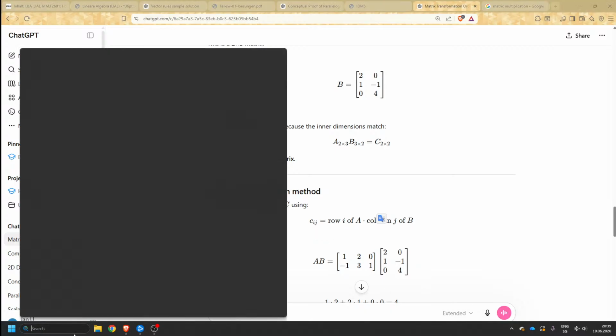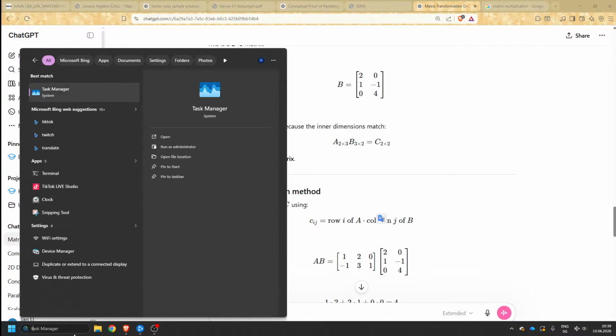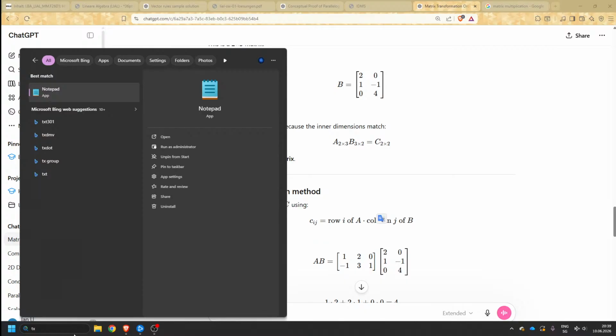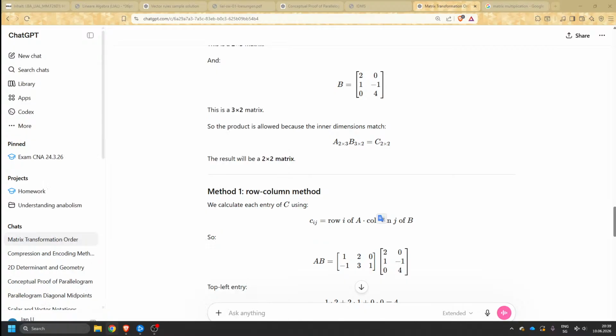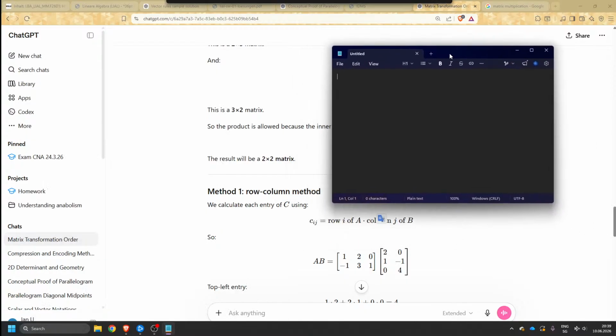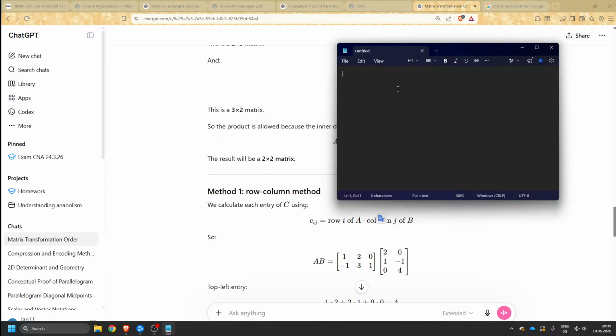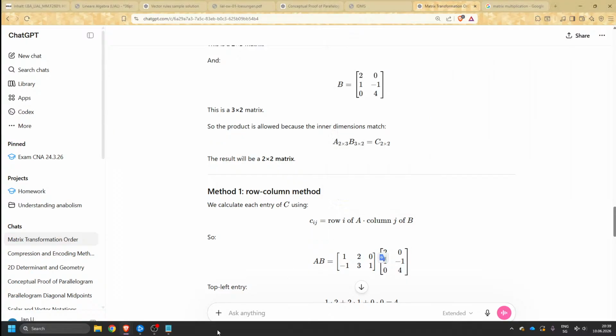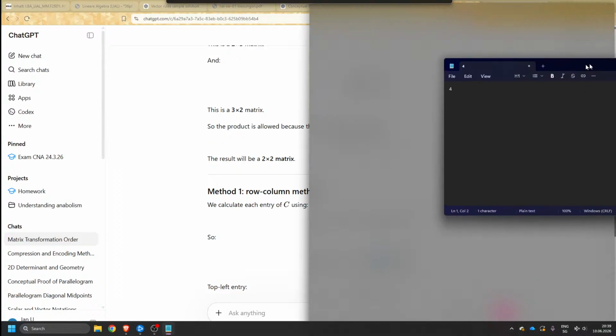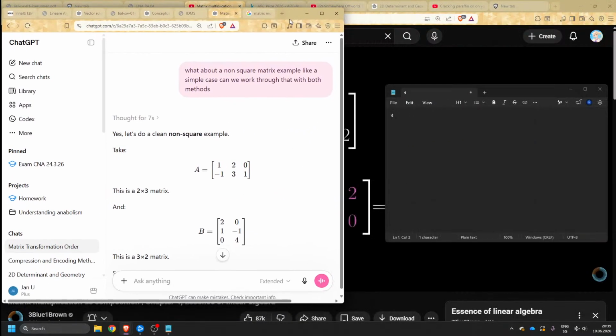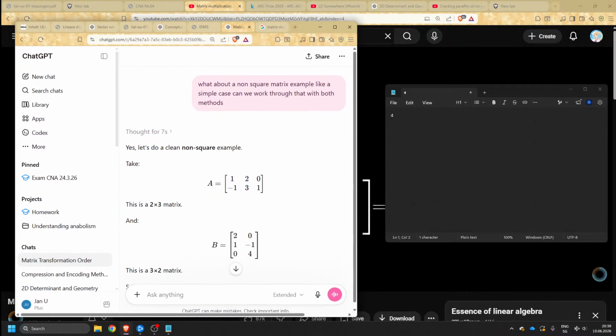I'm gonna note that down because... So we have 4 on the upper... Why does it have to be like that?